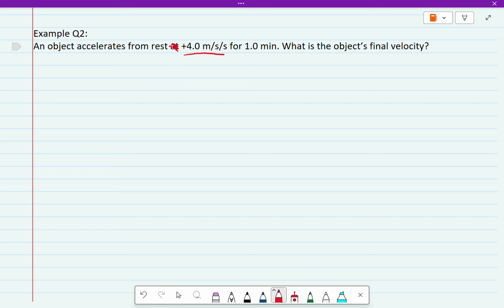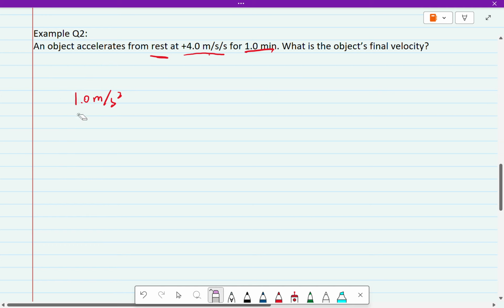This wording is a typo right here. It should be 2. So we have this rest, which is a very important hidden information. 4 meters per second squared, 10 minutes. So the initial velocity should be 0 because it's from rest. Sorry, my bad.